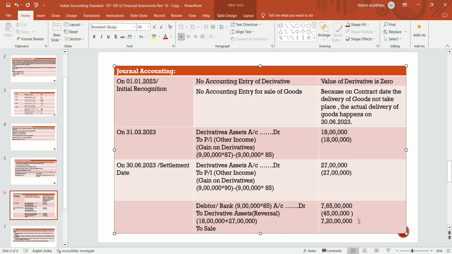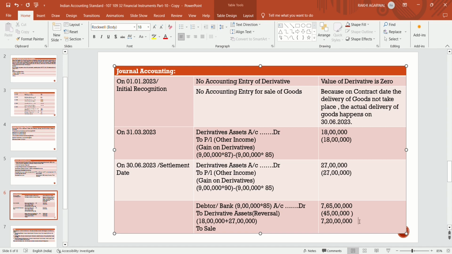So we will book the gain because the contract is entered for 85, but now the rate of USD becomes 87, so there is a gain of 2 rupees. That 2 rupees is to be recognized as fair value gain. Derivative asset account debit to P&L income, that is gain on derivative, 9 lakh dollars into 2, so it becomes 18 lakh.